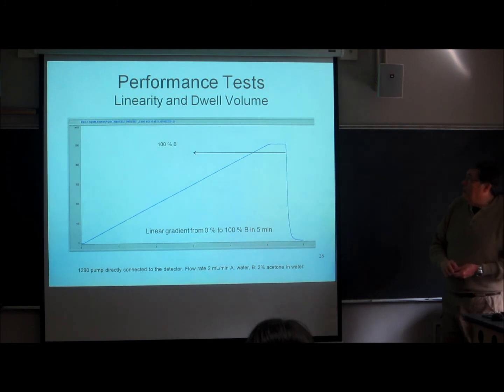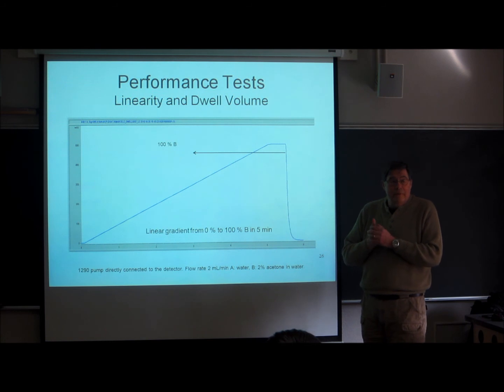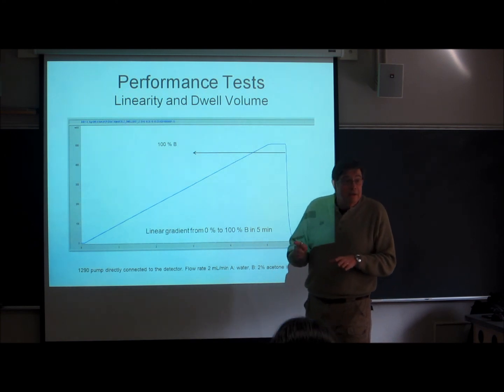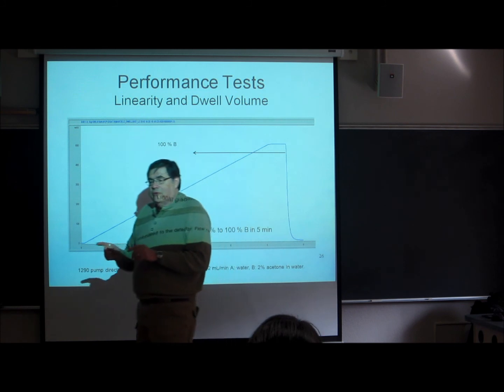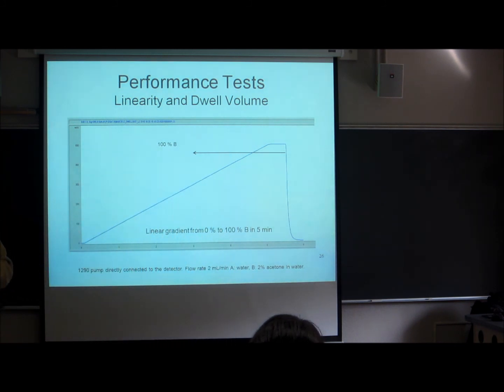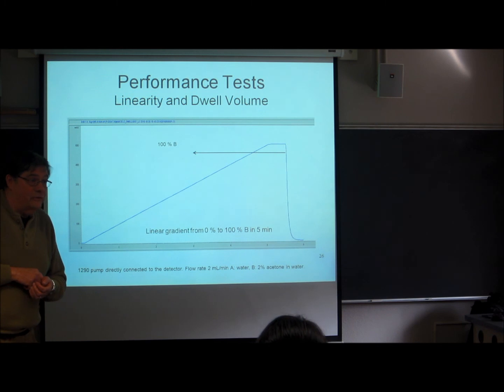Okay, linearity and dwell. We haven't talked a lot about gradient elution, but I bet you have the idea. In gradient elution, you change the composition of the solvent on the fly. You start out, in almost all cases here, with a high polarity solvent and you add lower polarity solvent to it and ramp up the composition of the low polarity stuff, okay?